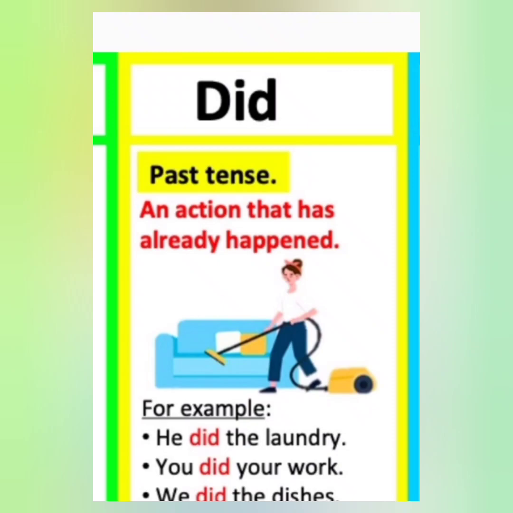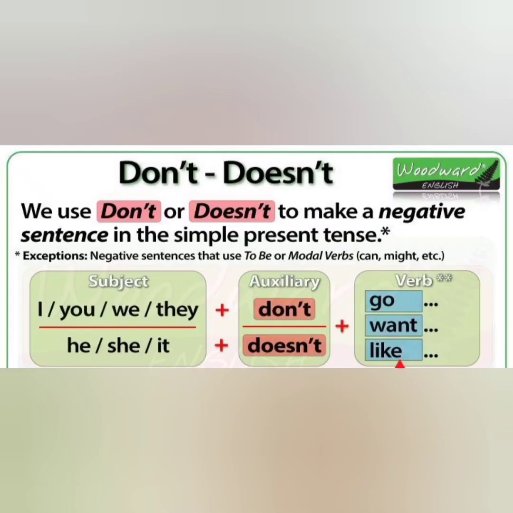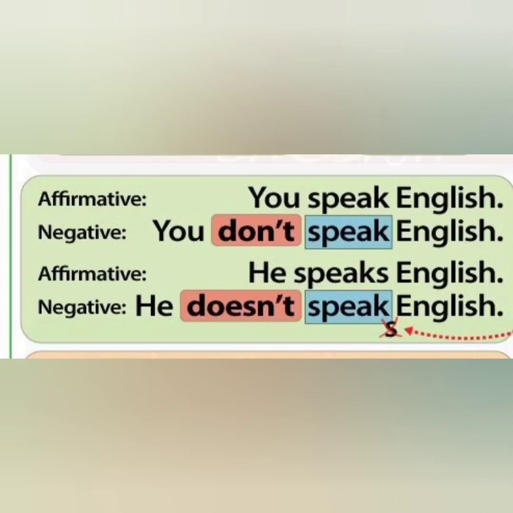Okay? Now students, we learn to make different types of sentences using do, does and did. Children, we use do not and does not to make a negative sentence in the simple present tense. For example, the simple sentence is you speak English. To make it negative, we will write you don't speak English.